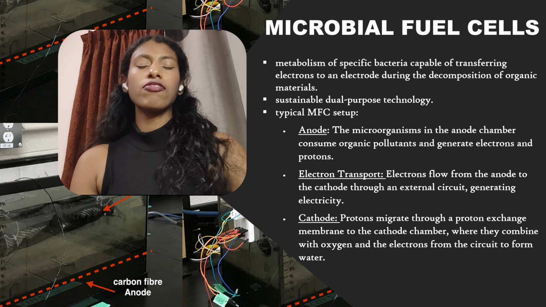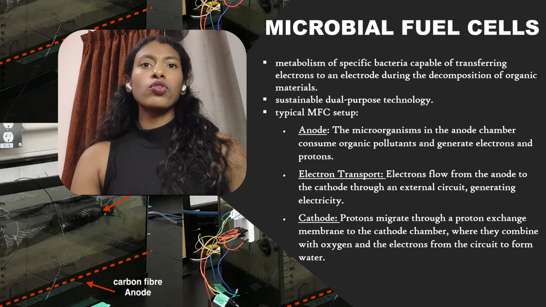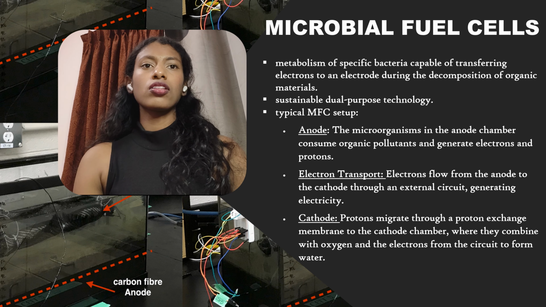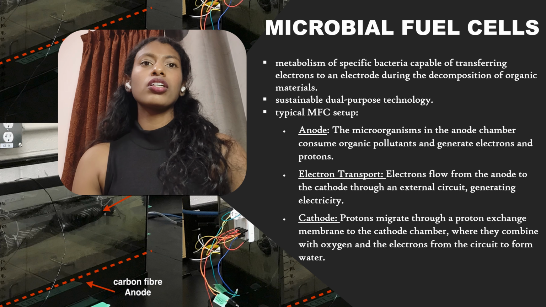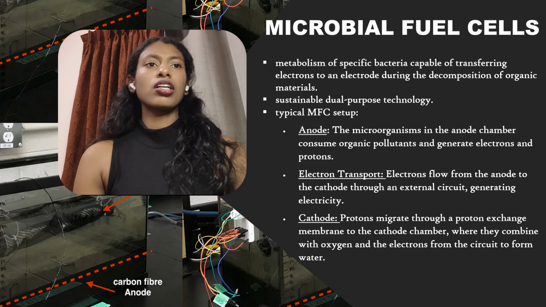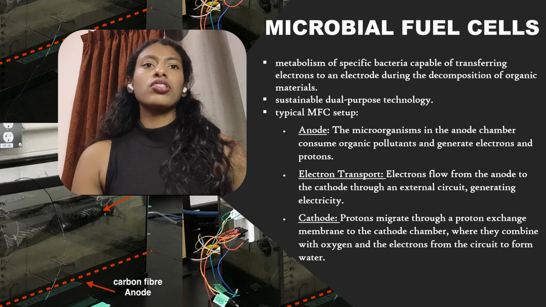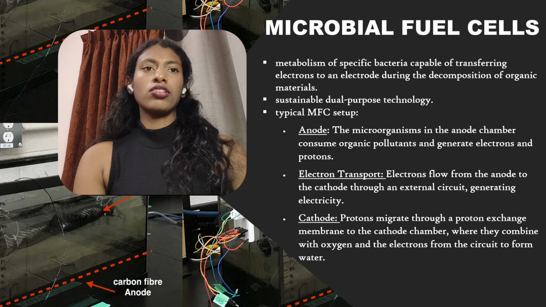Next up, we have bioremediation using microbial fuel cells. Microbial fuel cells operate based on the metabolism of specific bacteria that are capable of transferring electrons to an electrode during the decomposition of organic material. These bacteria oxidize organic compounds, producing electrons and protons, which in turn generate electricity.